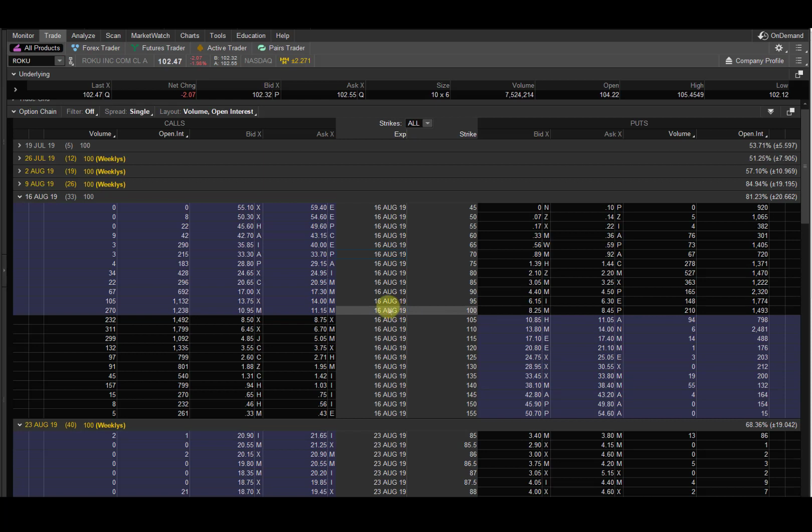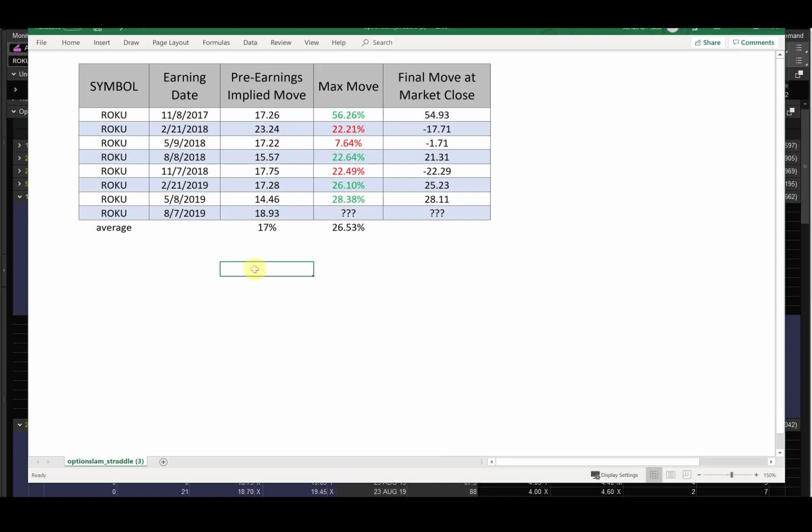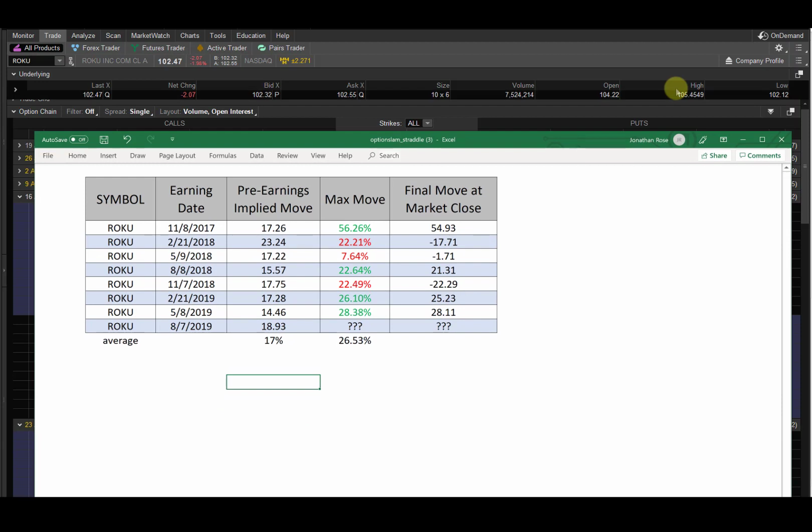So we'll go over this trade in class, but I personally think, if there's 33 days to go until expiration, ROKU, how much does it move per day? ROKU moved $3 between its high and its low, 105 minus 102. It moved $3 on Friday. $3 is about 3% of movement.